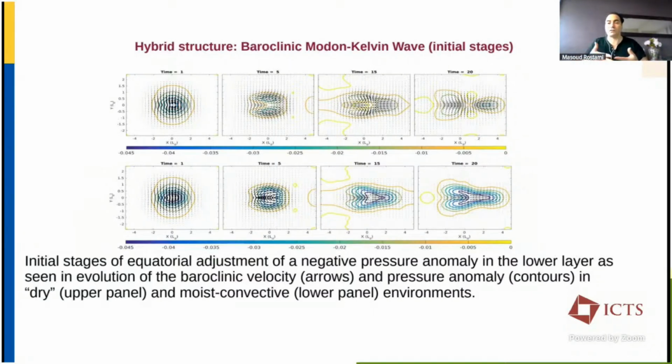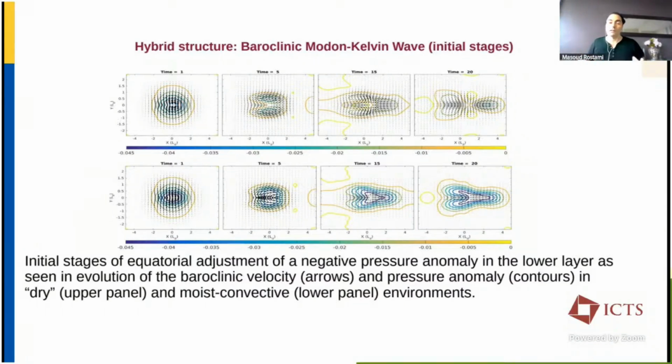One is the dipolar system, which is also observed in observational studies. We see the signature of these dipolar vorticities. And on the head, we have a baroclinic Kelvin wave, but it's not exactly baroclinic, because the baroclinic speed is about 12 meters per second, while this hybrid structure is between 5 and 8 meters per second.